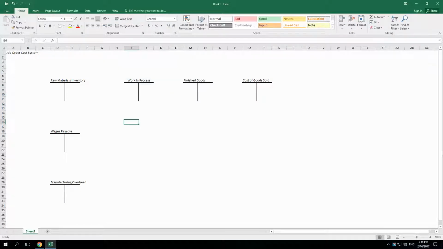A lot of times they have job numbers, so it might be like job number 124, maybe job number 135, so on and so forth. And each job would have a job ticket or a job cost sheet that would track the direct material, direct labor, and manufacturing overhead related to each of those jobs.